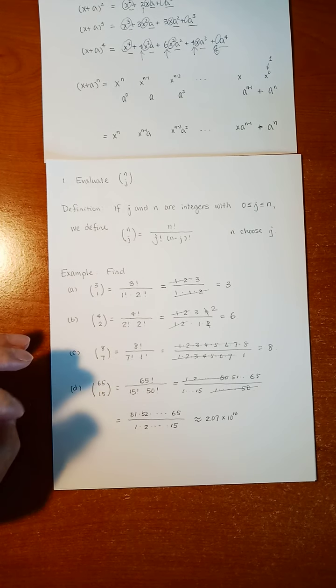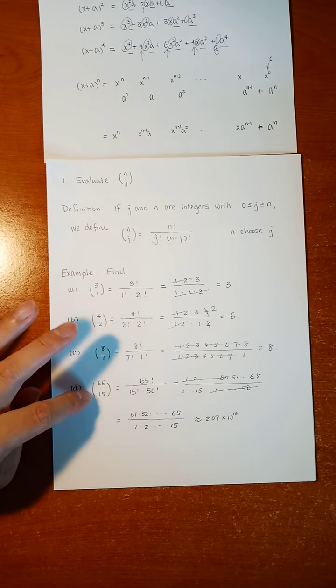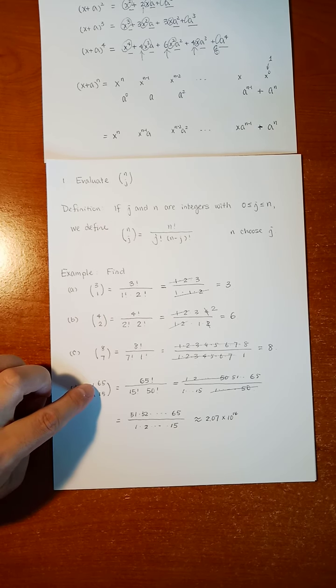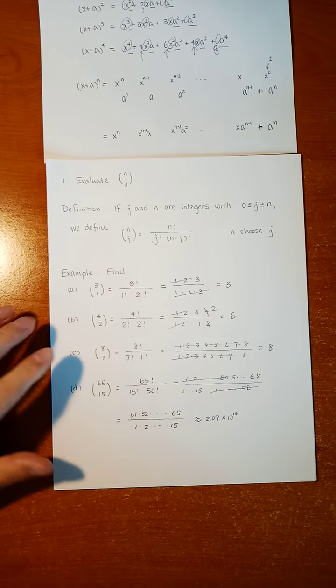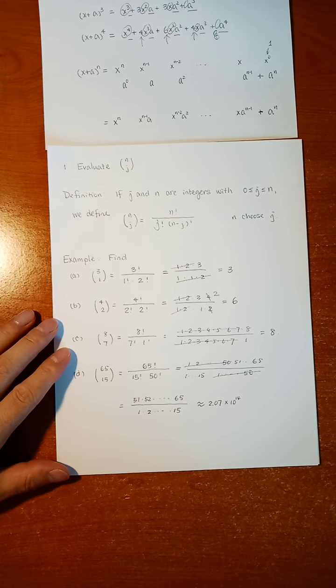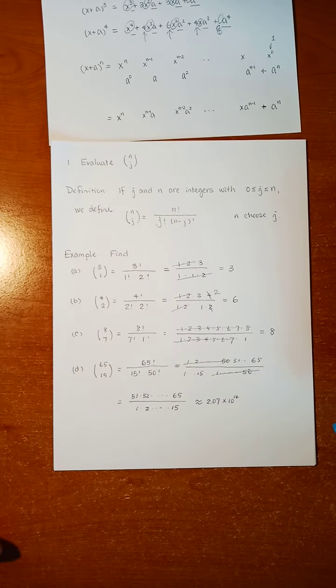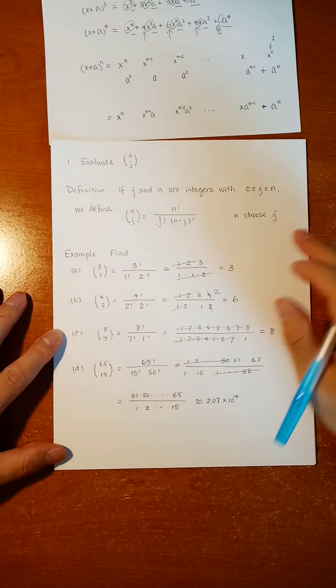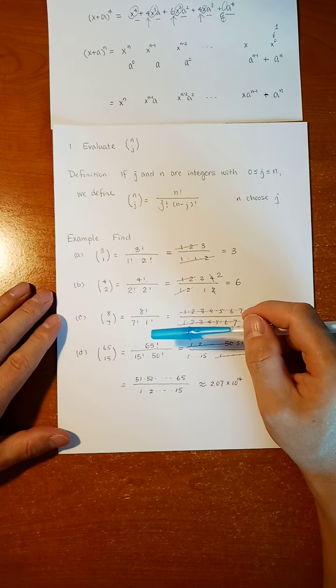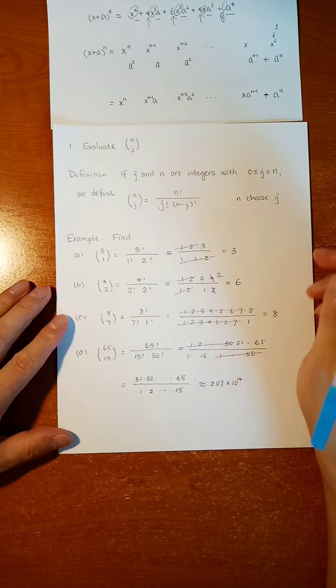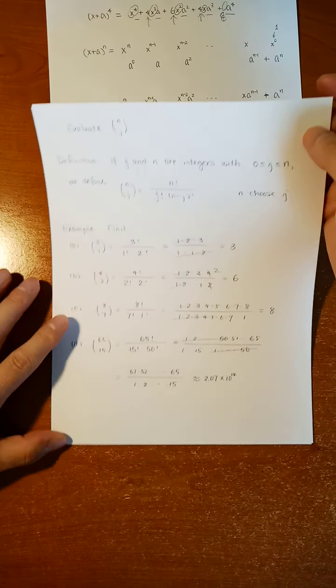It's a huge number. When this difference is big, the factorial is actually a large number. So n choose j can be very, very big.